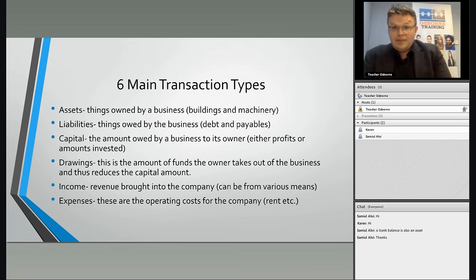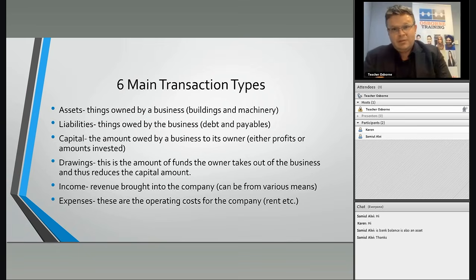So the third type of transaction that we have are what are known as capital transactions, and this is the amount owed by a business to its owner. So this could be, for example, the money that they've initially put into the business to start the business, or whenever you make a profit, the profit goes towards the capital, because the profit is money that's owed to the owner of the business.